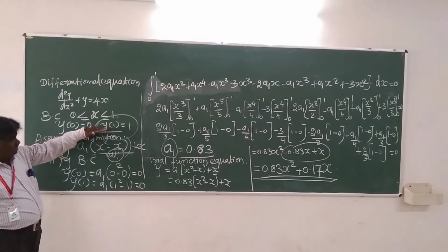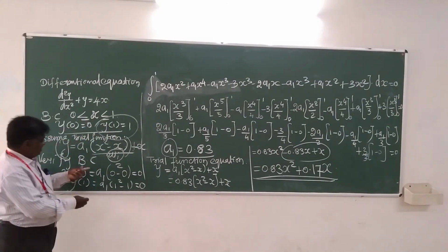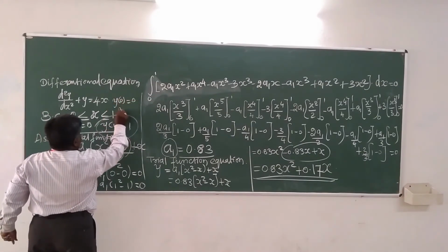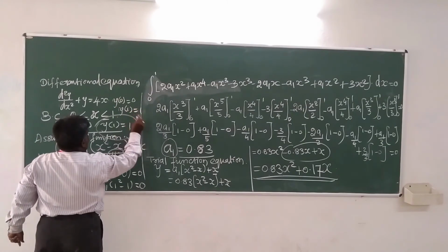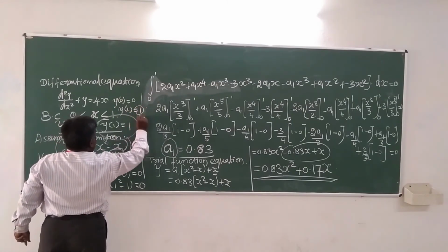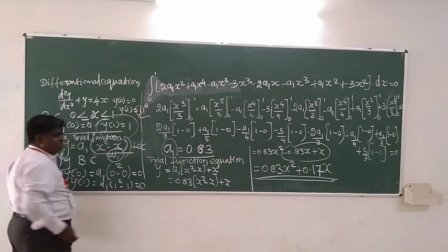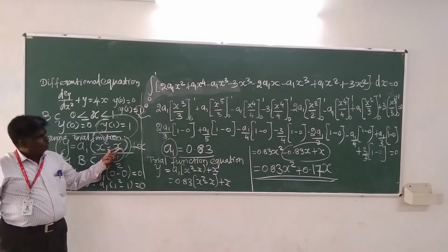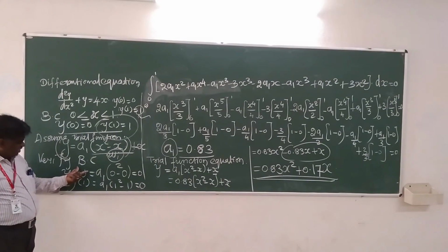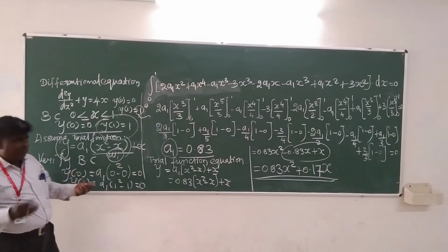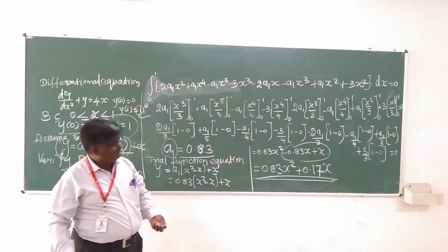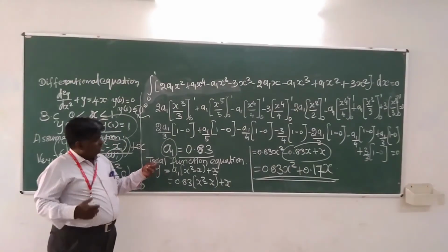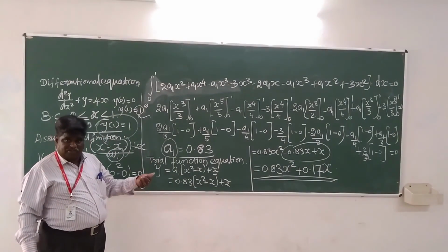The boundary conditions given are y at 0 equal to 0, y at 1 equal to 1. Normally we use 0, but here it is 1. Based on this 1, it is a non-homogeneous problem. So first we have to calculate the residual, then calculate the product of weight function and residual.